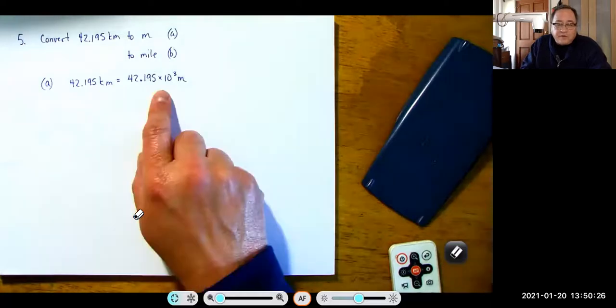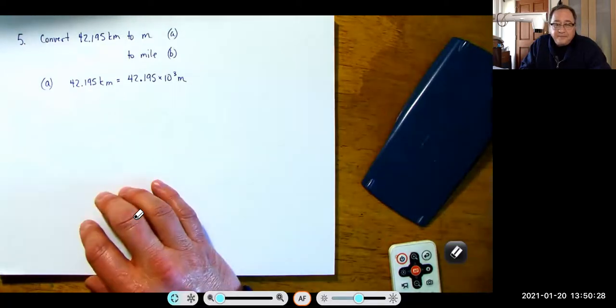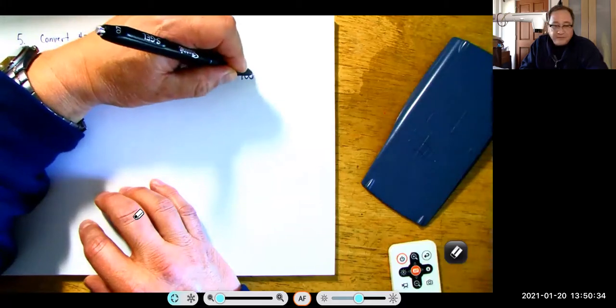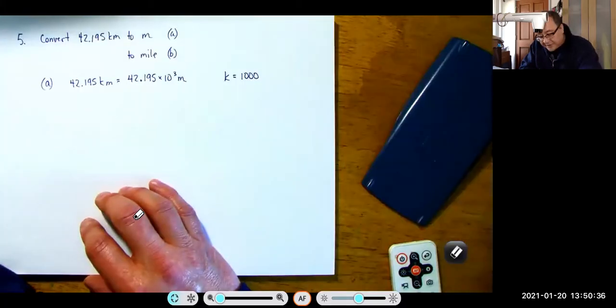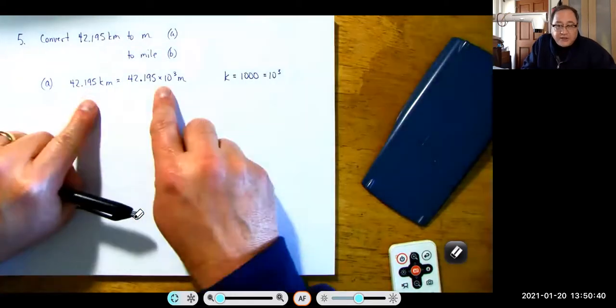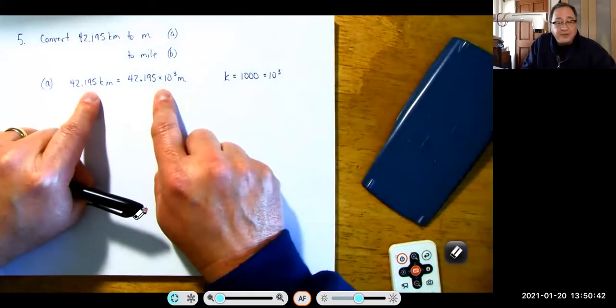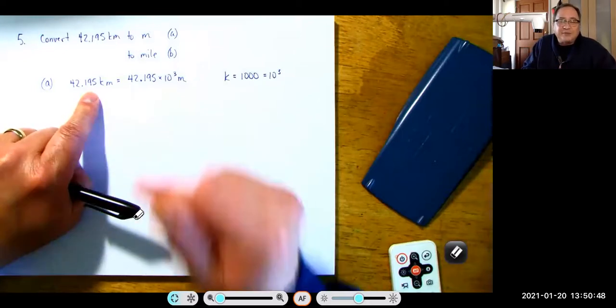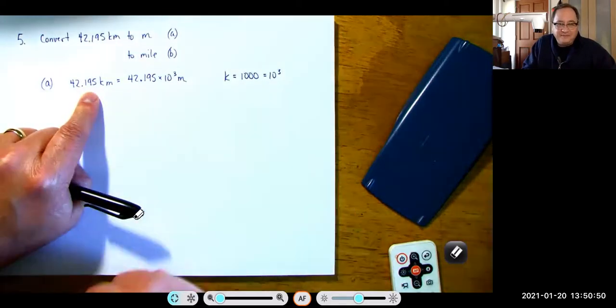So this is one way of converting it. And the reason this works is because K is simply a placeholder for 1,000, which is the same as 10 to the third. So this method is called substitution. I am substituting a number for K, because really it's the other way around. K is a substitution for a number.